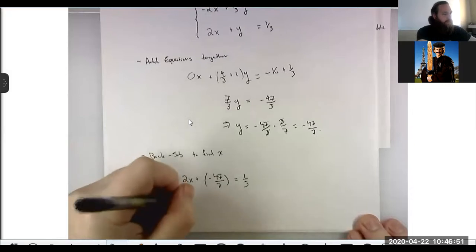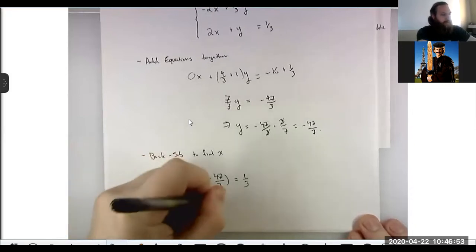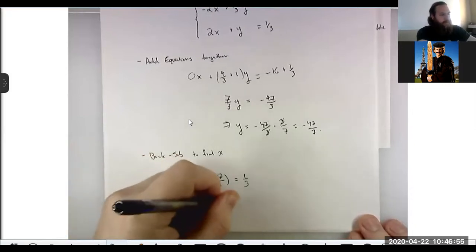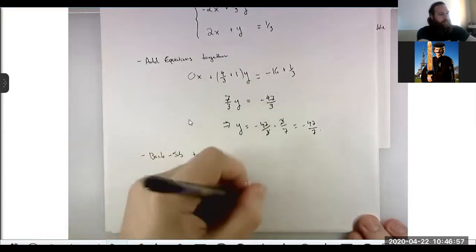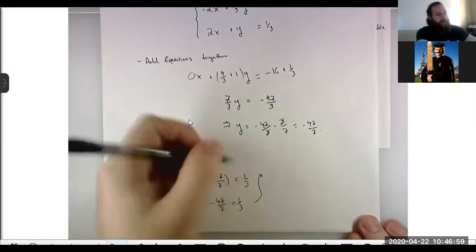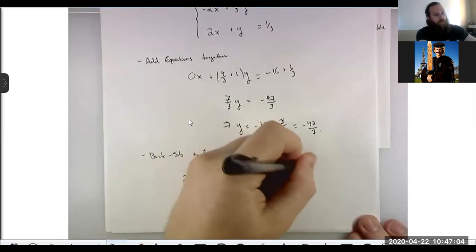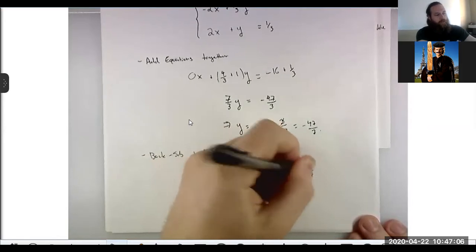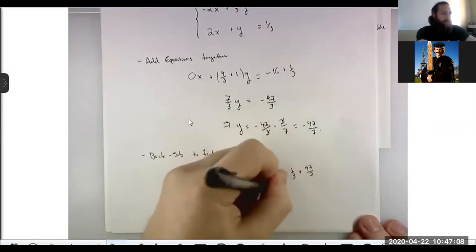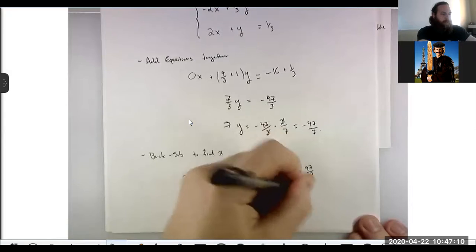Okay. So we're going to take this 2x minus 47 over 7 equals 1/3. We're going to add 47 over 7 to both sides, so 2x is equal to 1/3 plus 47 over 7. We need a common denominator there. It's going to be 21.